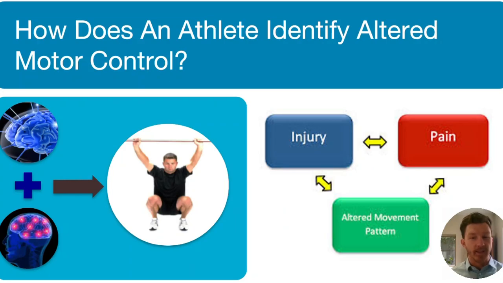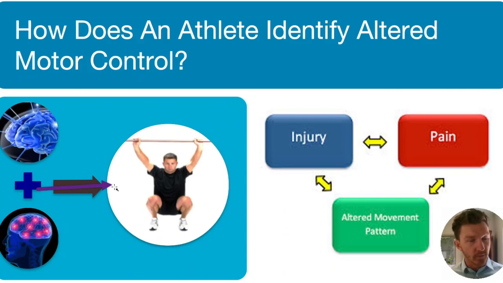So how does an athlete identify altered motor control? Basically, we have inputs into the system. Most of these come from different receptors in the body, Golgi tendon organs, muscle spindles. You don't have to remember any of those. All of these inputs are processed in the brain, and then we have an output, and the output is movement.